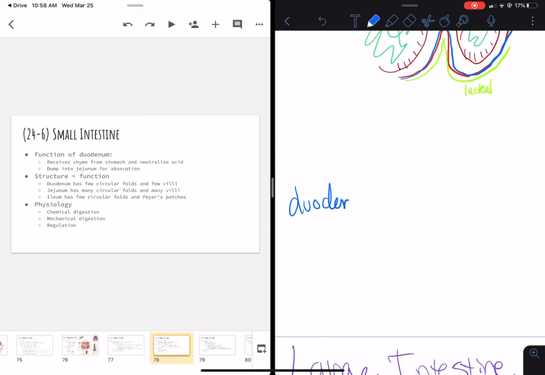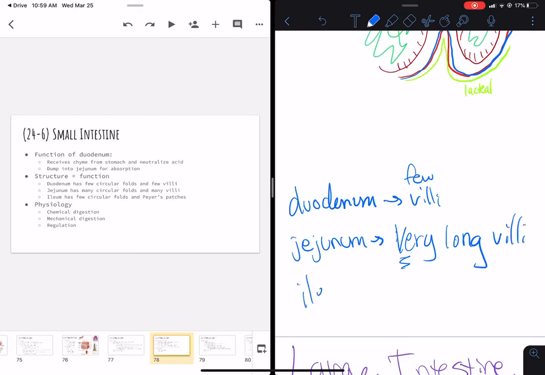So the duodenum is going to have few villi, versus the jejunum is going to have very, very long villi.